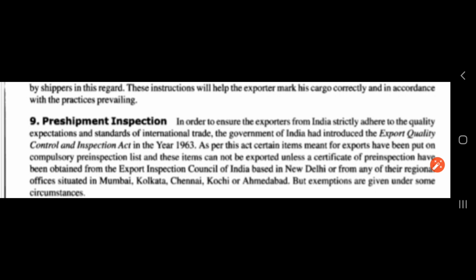Apart from Delhi, there are some other regional offices, that means other branches also of the Export Inspection Council of India, like Mumbai, Kolkata, Chennai, Kochi, Ahmedabad, and so on.